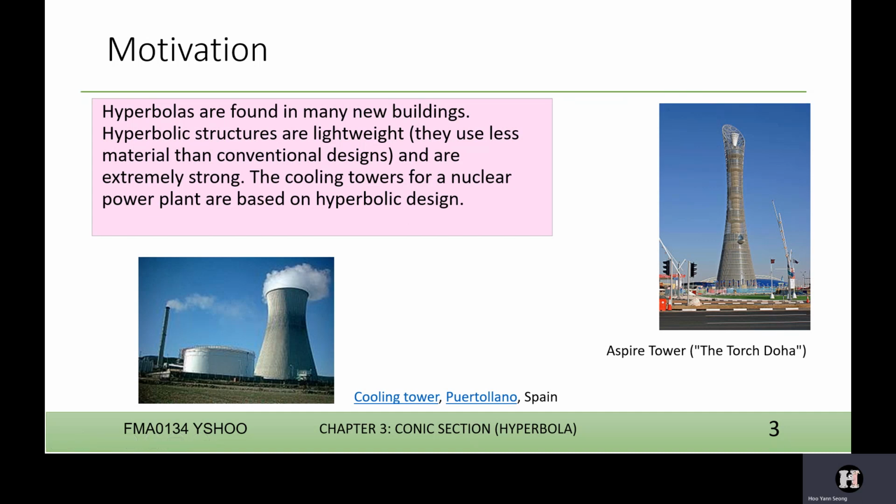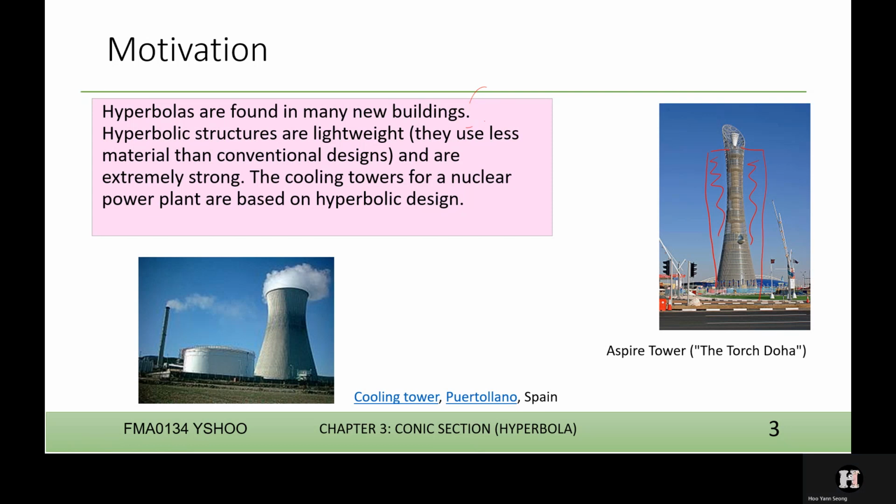But as you know, in our normal human buildings, we are not going to use this hyperbola design, because if we make it a rectangle, the developer will agree, because on the other two sides we can still build more space for the houses and so on.